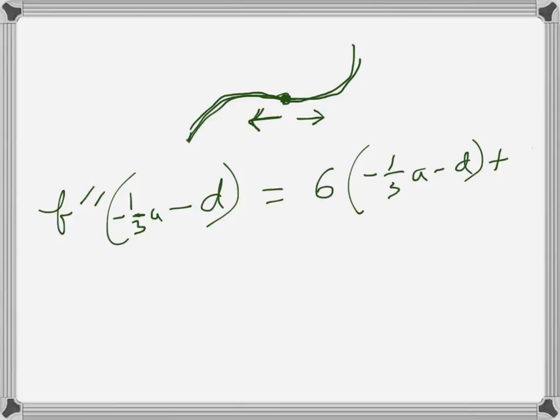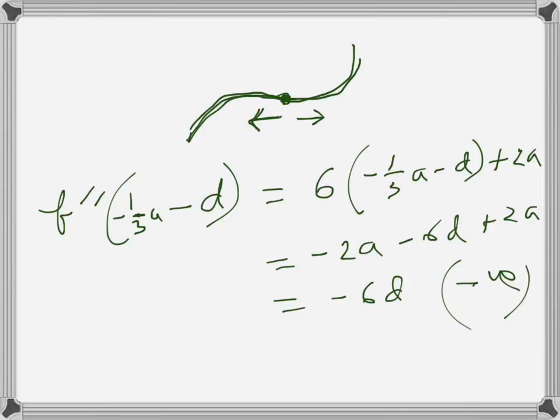That gives minus 2a minus 6d plus 2a, so minus 6d. If d is positive, this is negative. The sign of the second derivative to the left of the point of inflection is negative. That's fine.